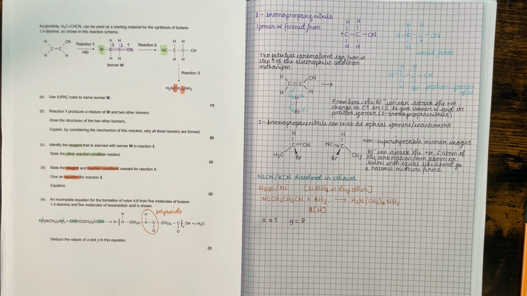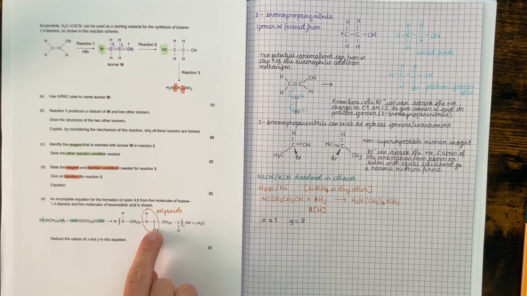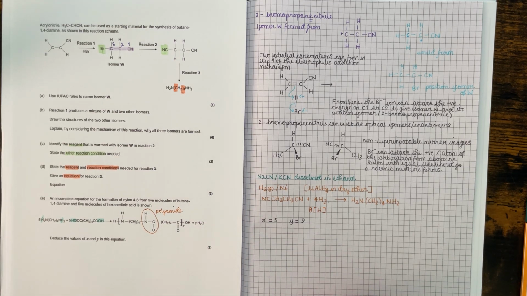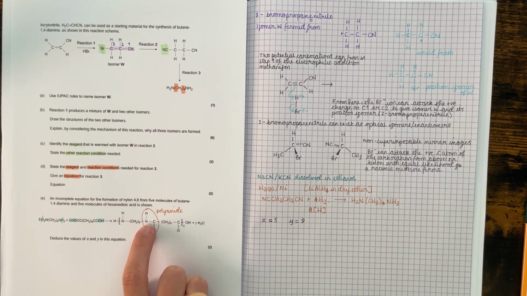Key things I would want you to be aware of: it's a polyamide, which atoms are lost in order to form that amide linkage, drawing the repeating unit, recognising water is lost, that it's a condensation polymer, specifically a polyamide, and then other things, like there'll be hydrogen bonding between the chains because hydrogen is bonded to a nitrogen.